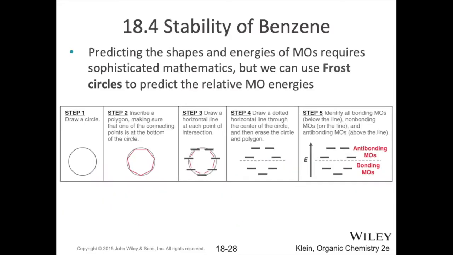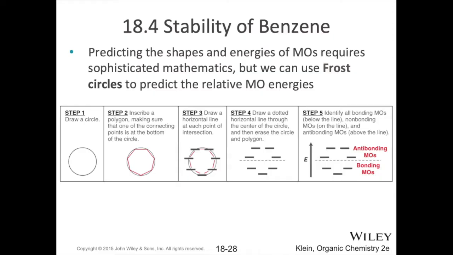Now, how do we figure out the molecular orbitals for these aromatic or anti-aromatic compounds? There's a shortcut to doing this. We can draw what are called Frost circles. The shortcut is you take a circle, and you draw your aromatic compound in the circle, which makes sense, right?